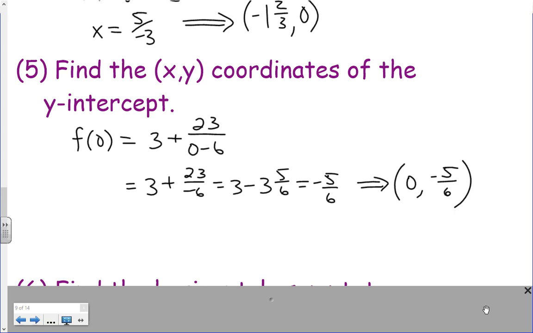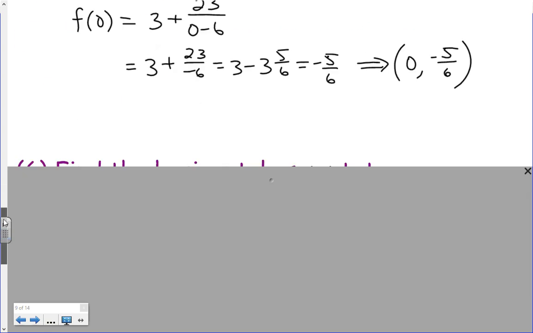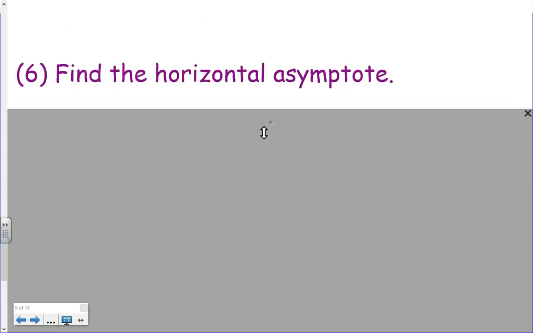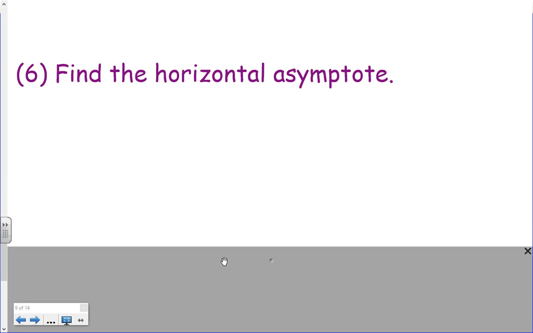All right. And one last thing that we need to do before we try to sketch this thing, which is kind of the goal that they gave us here, or the question they asked us to answer, is to find our horizontal asymptote. And again, once you've simplified this and put this in the mixed rational algebraic form, I'll rewrite this as 3 plus 23 over x minus 6 was our equation.